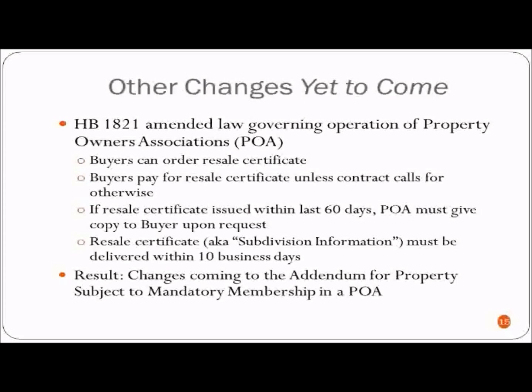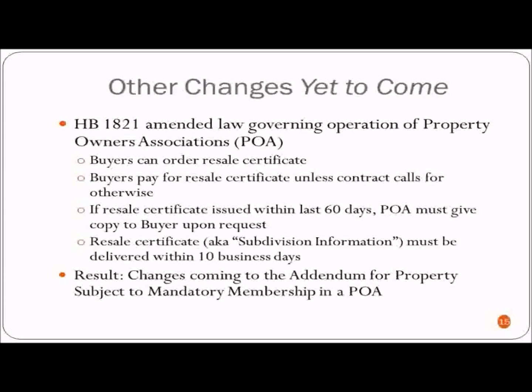This statute says, hey, wait a minute, Property Owners Associations, you cannot charge if you've already issued one within 60 days. The buyer has the right to that copy without a cost. There's still a provision in there, and HB 1821 didn't change it, that you can order an update for a lesser cost if the resale certificate was issued in the last 6 months. So that's still available, and that's one of the provisions under the addendum that you can get an update.